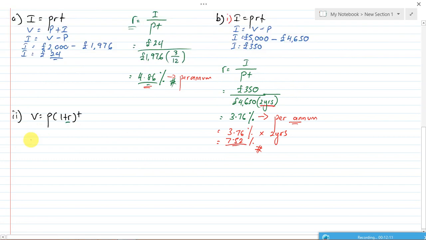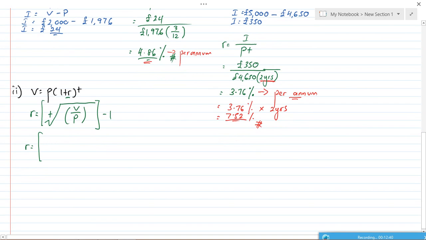The R. So when you reverse the formula, R equals (V divide P) in a bracket, power of 1 over T, minus 1. So that's how you reverse the formula. Therefore, our T is going to be what? 2 years.